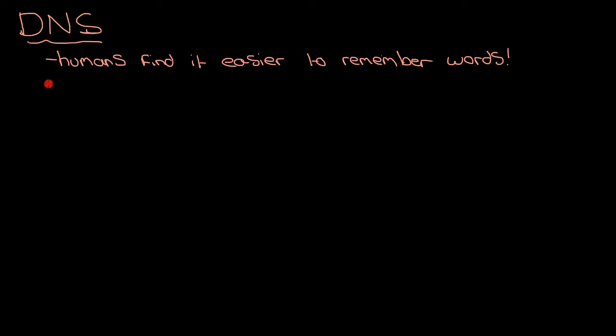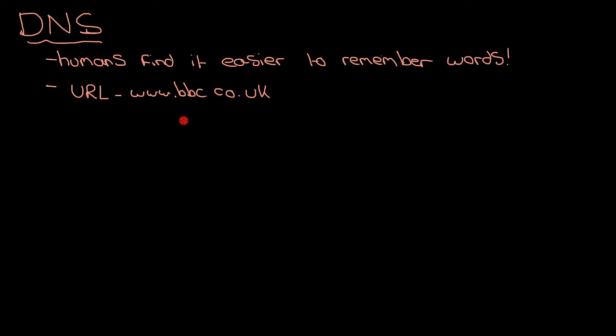This is why we have this system called DNS, the domain name system, to convert from URLs, which you will be familiar with like this. So if I told you instead of that number, if I said go to www.bbc.co.uk, you are more likely to remember that. And the whole idea of DNS is that it takes a URL like this one here, www.bbc.co.uk, and it converts it into an IP address.